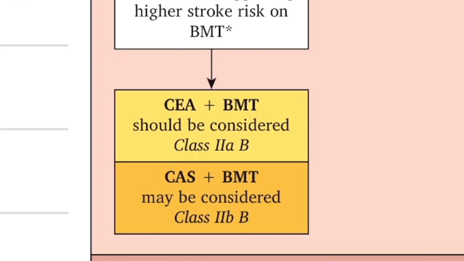Among the two, there is favoritism towards carotid endarterectomy. Many people recommend it as class 2A level B evidence, whereas carotid artery stenting is less superior compared to endarterectomy, and it comes under class 2B and level B evidence.